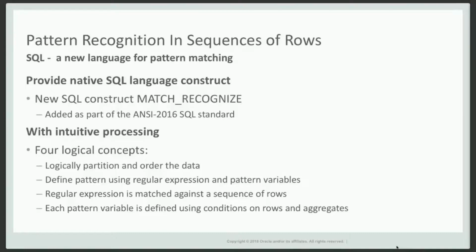So the basic way that I think about it is there's a 4-step process here. The first thing you have to do is to logically partition and order your data so that you can make the pattern visible or available for processing to match recognize. Then step 2 is you tell us what the pattern is that you are looking for.